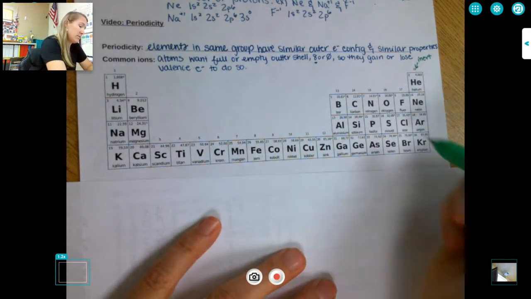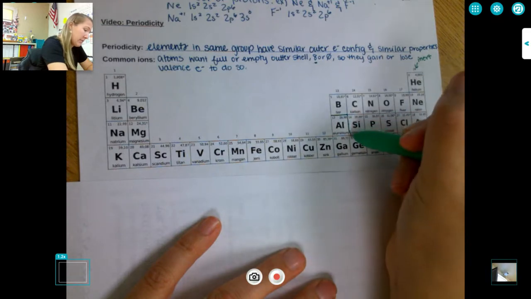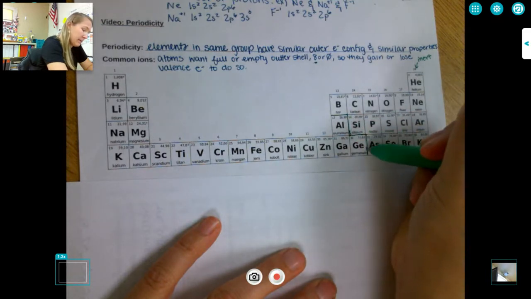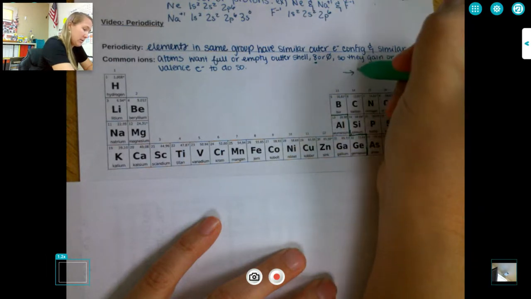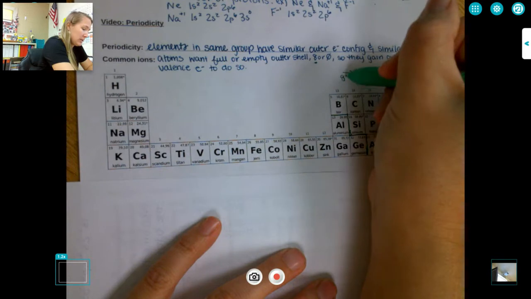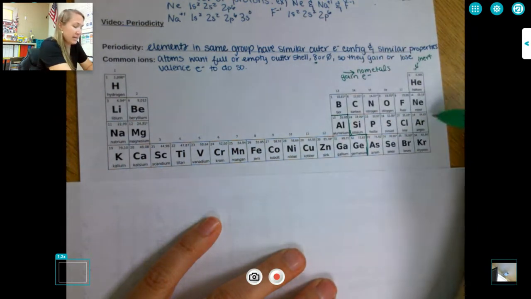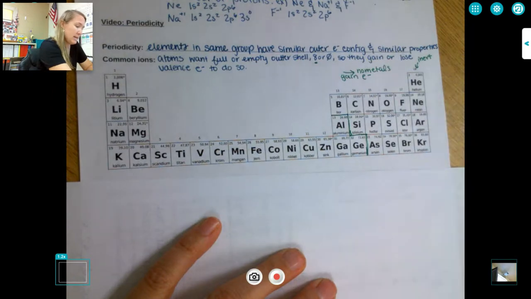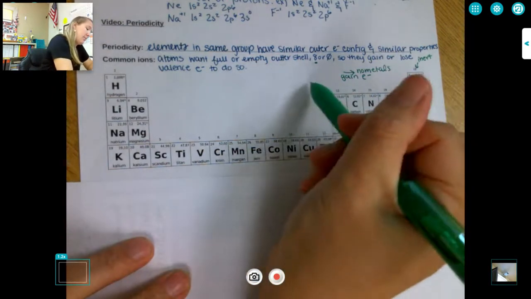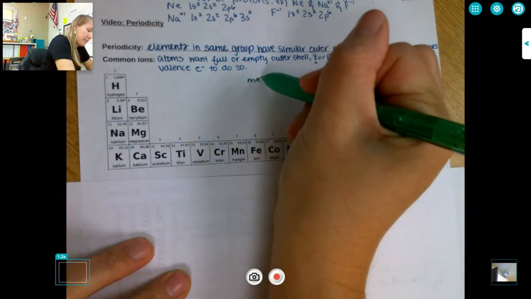Now remember, we have our dividing line here, which divides our metals from our nonmetals. These are our nonmetals. And remember, nonmetals want to gain electrons because it's easier for them to gain electrons to get to an octet. And then everybody else to the left are our metals.